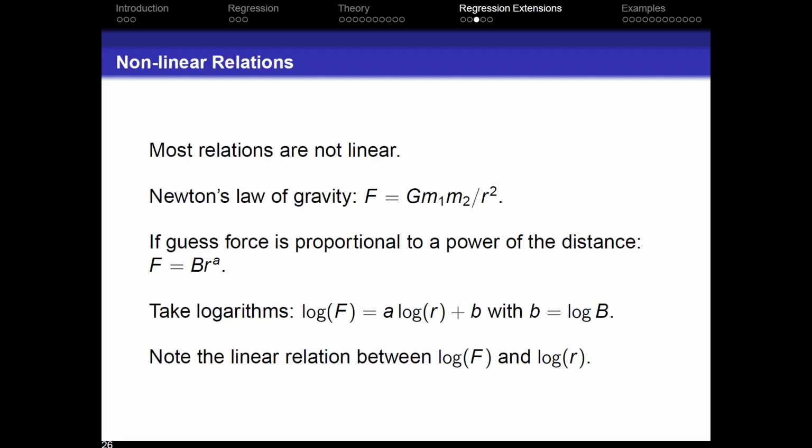So we didn't initially know that it was a 1 over r squared force. We thought it was proportional to r to some power. We didn't know what that power was. But by doing a logarithmic change of variables, we're now in a situation where we can use the method of least squares, and we can try to figure out what is the best value.